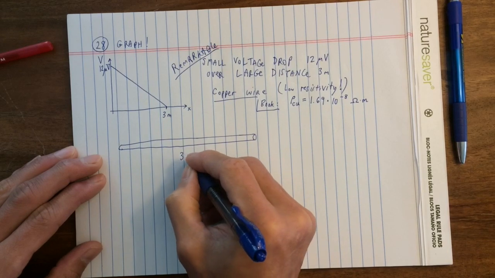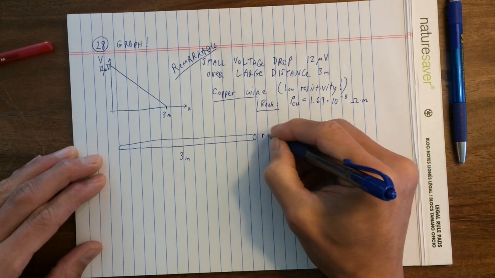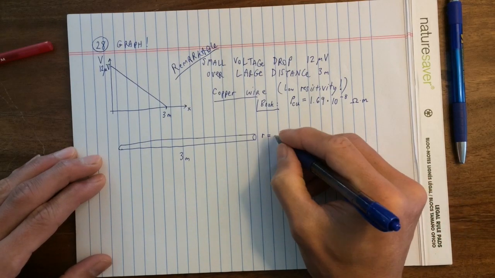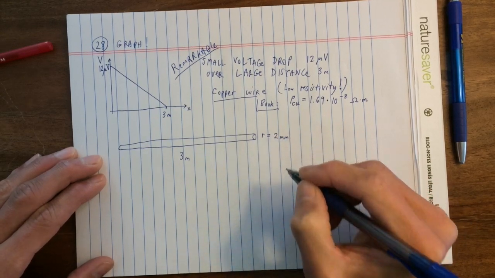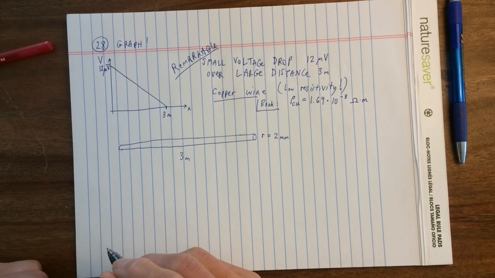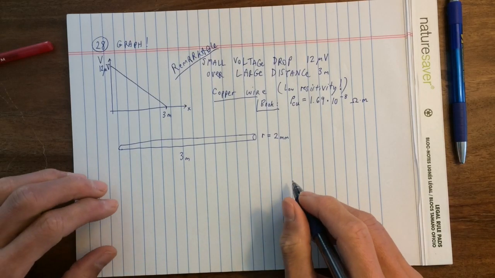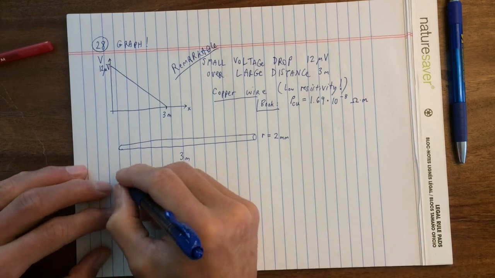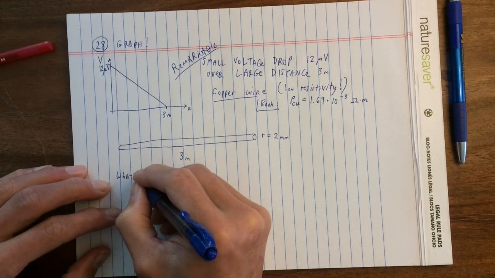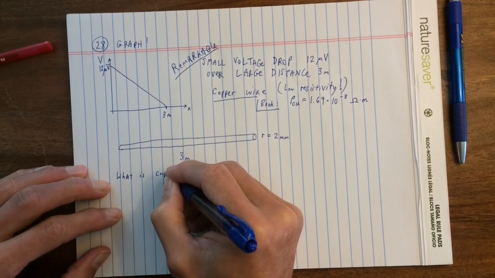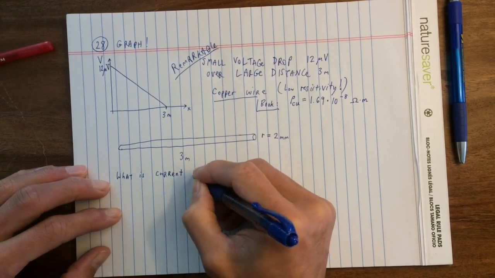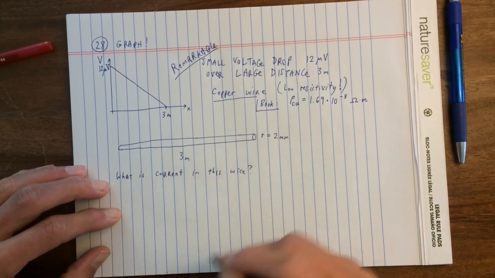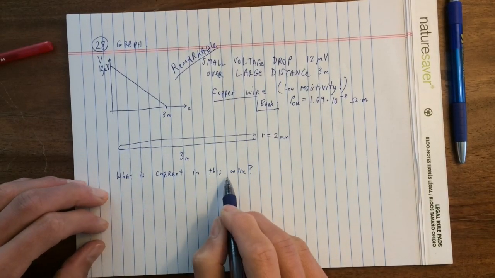It's 3 meters long, and it has a really small radius described as 2 millimeters. And the book says, what is the current in the wire? So what is the current in this wire?